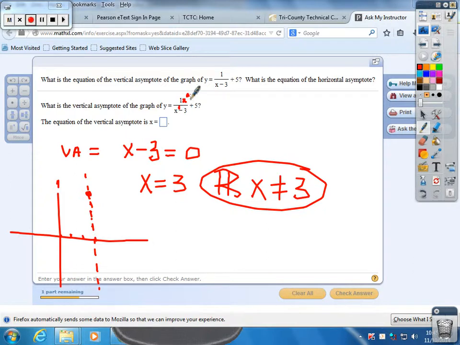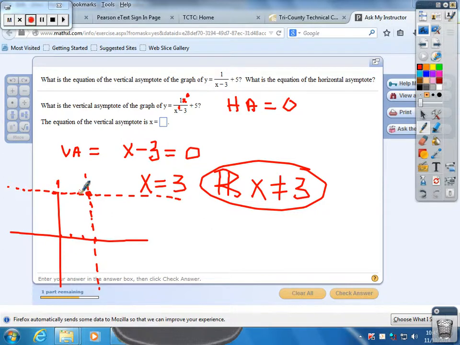So the numerator is less than the denominator, so your horizontal asymptote is equal to 0. But that's when the origin is down here. Where is the new origin? Right here. So instead of this being your horizontal asymptote, the horizontal asymptote has moved to here.